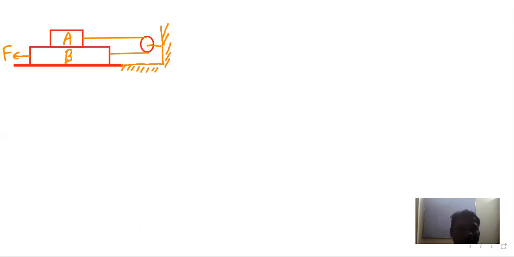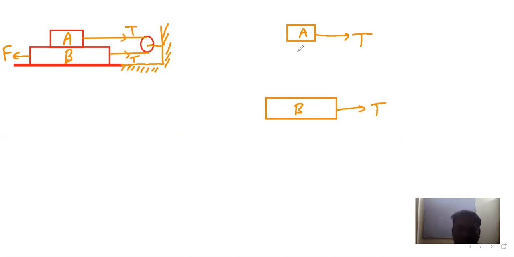So let us think about the free body diagram of each block. Block A, this is block B. One force we have is tension on both the blocks, because now both the blocks are connected to the string. Then we have friction F1 between A and B, and the reaction pair, this will be F1 here. And we have capital F force in this direction.